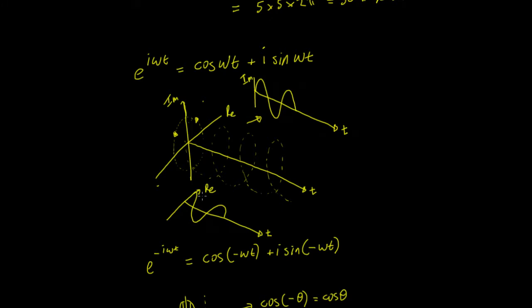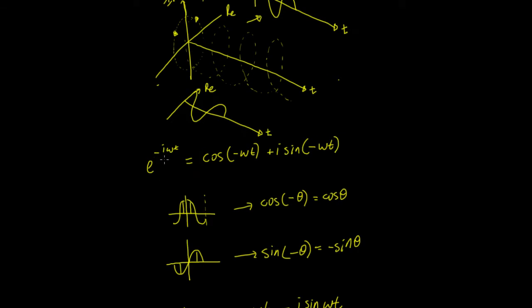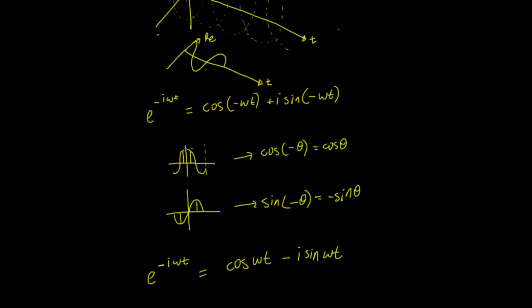Okay, so that's us looked at our corkscrew. Now if we were to look at e to the minus i omega t, well, that would be cos of minus omega t and i sine of minus omega t. Now the cosine function there, cos of minus theta would equal cos of theta, which is the same height there, okay, and because sine is an odd function, sine of minus theta equals minus the sine of theta.